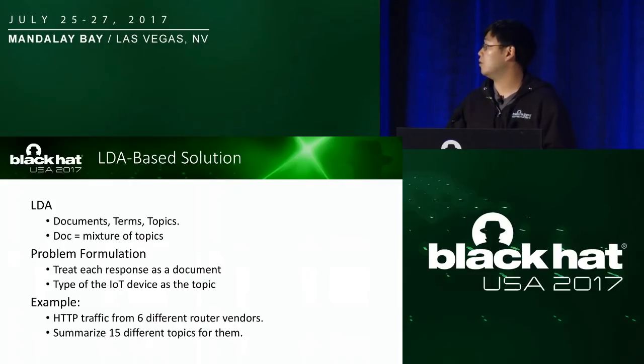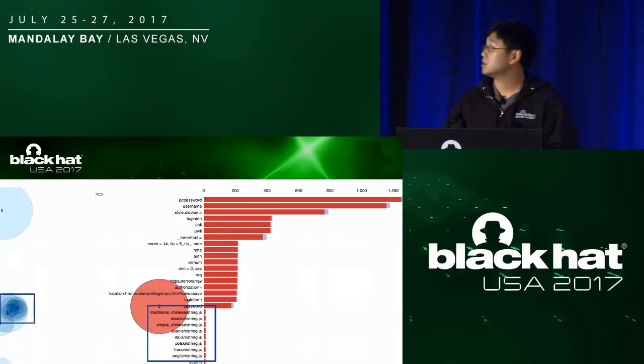The example in the following slides is where we analyze the HTTP traffic we receive from possible attackers, and we find this kind of response from routers. We found these routers have 6 different kinds of vendors, and we summarize 15 different topics for them. This is one visualization of our LDA result. How can we verify that our result shows some topic?